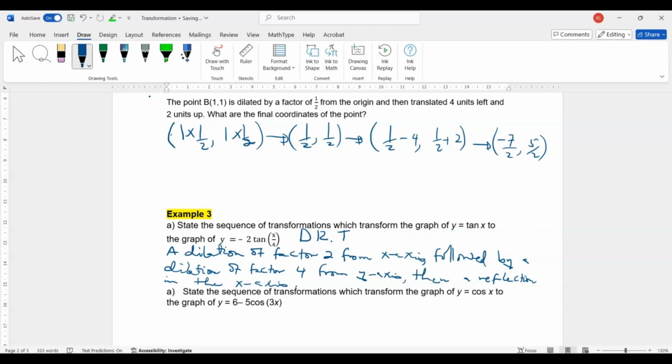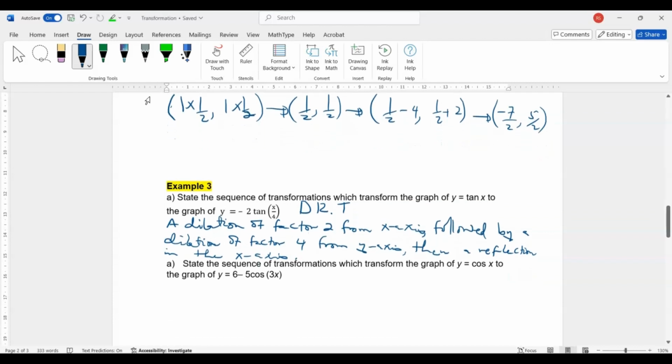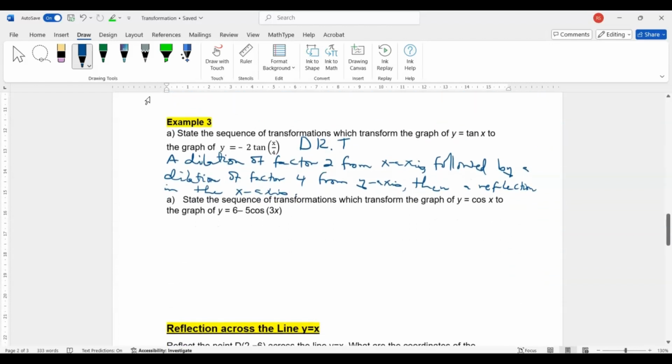So let's have a look at another example, which is basically the same sort of thing, and we will look at a scenario whereby we have to go back and change the whole sequence. State the sequence of transformations which transform the graph y equals cos x to the graph y equals 6 minus 5 cos 3x.